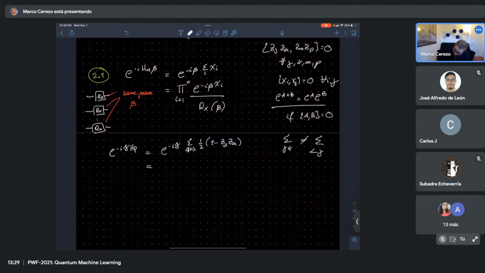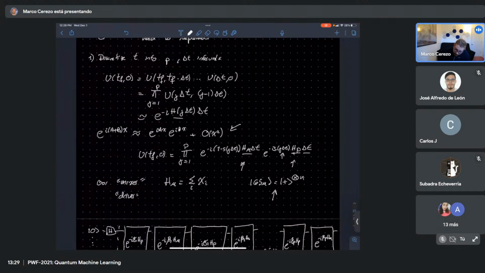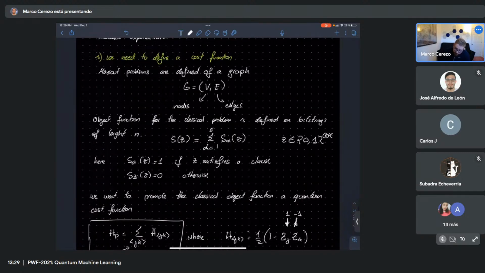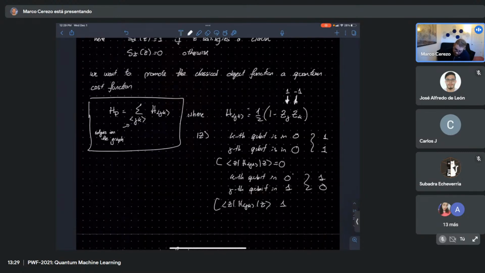So that's why I said this notation right here. I might have gone too fast. But this notation, whenever I define the cost function, tells you that you only make a summation over the graph. So this is a summation that only adds over the graph. So you're not putting zj zk and zk zj.